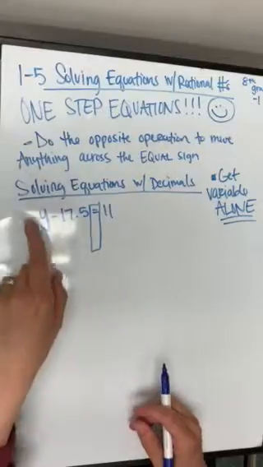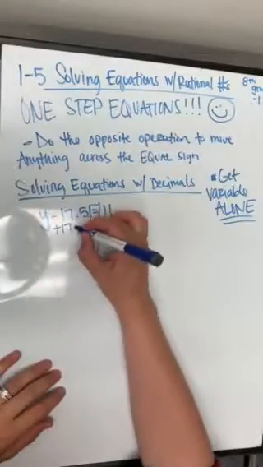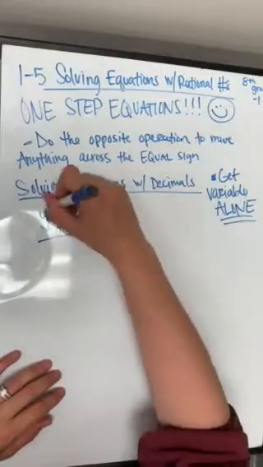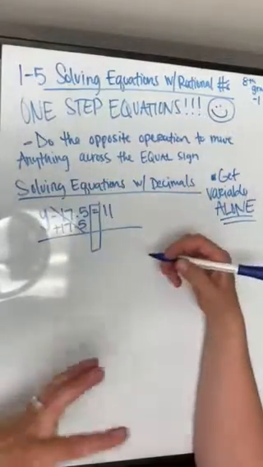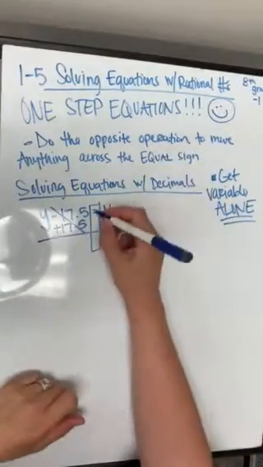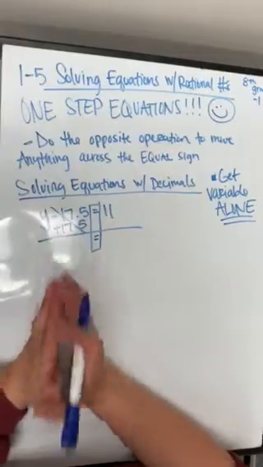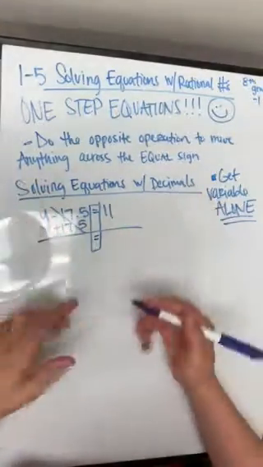So it is currently subtracting 17.5. So if we add 17.5, it gets rid of it on this side. But we can't do something to one side and not do it to the other side. That's why it's equal. So because we added 17.5 over here, we have to add it over here, keeping that balance.